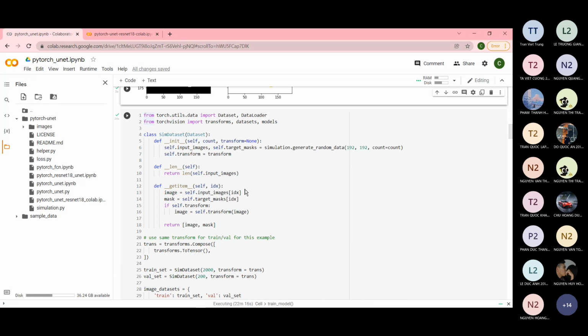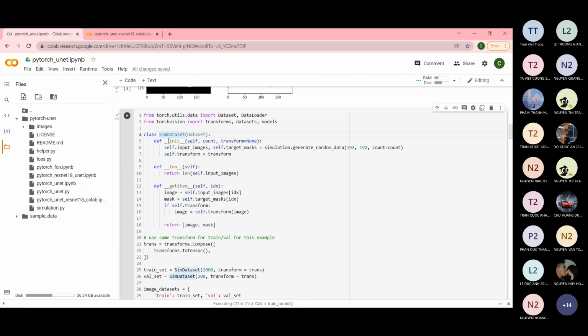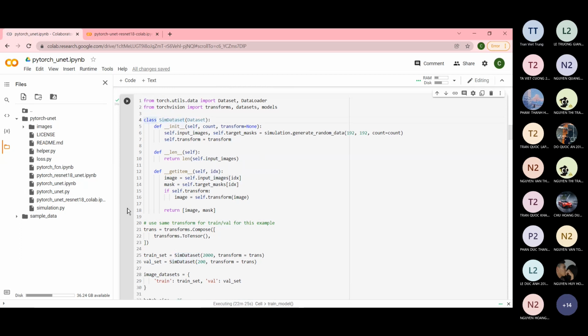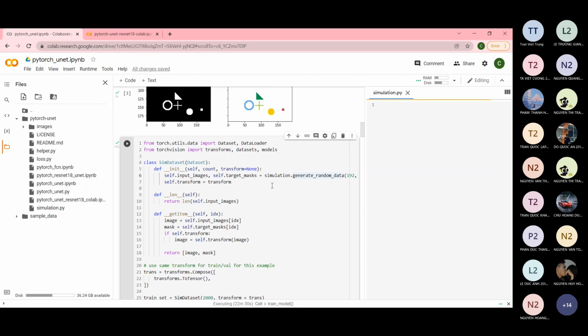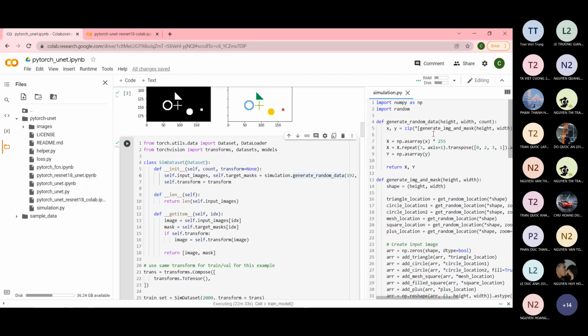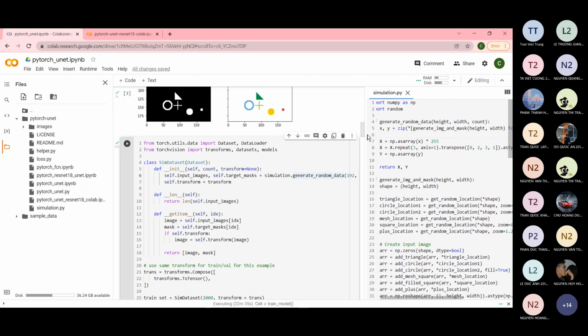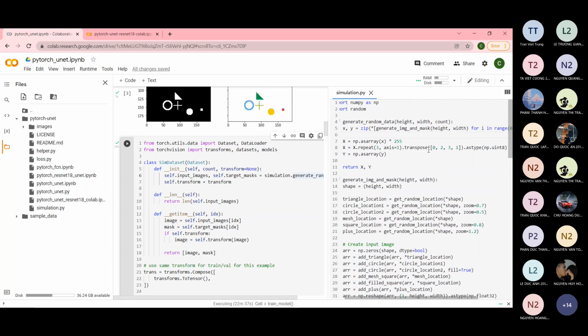And here we declare the dataset, SimDataset. Actually, we call the function generate random data from the module that they declare here. Here, they just use NumPy and randomize some images with shape.